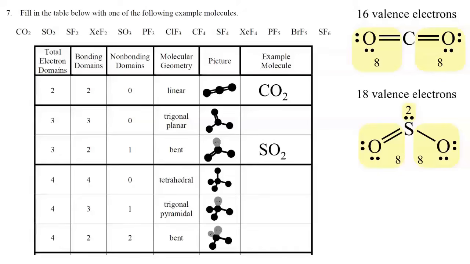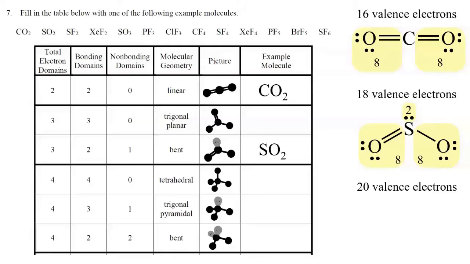If we go from 18 valence electrons to 20 valence electrons, now that molecule will still have 2 groups of 8, as in 2 bonding domains attached to the central atom, but then there'll be 4 electrons, and you'll place them in the form of 2 lone pairs on the central atom.